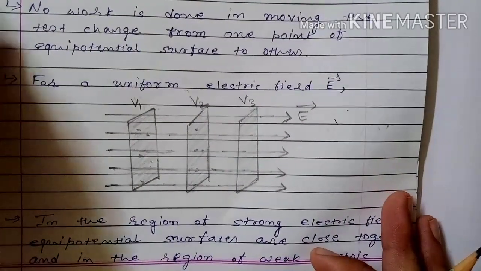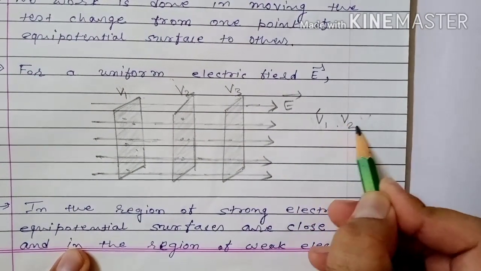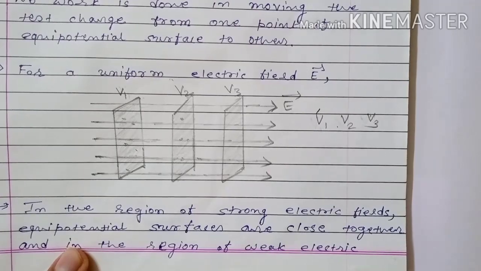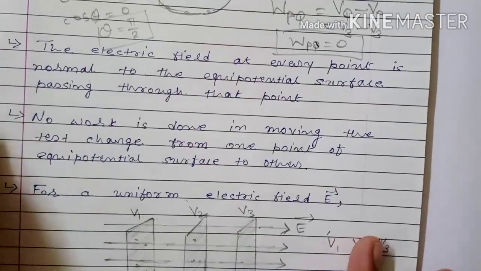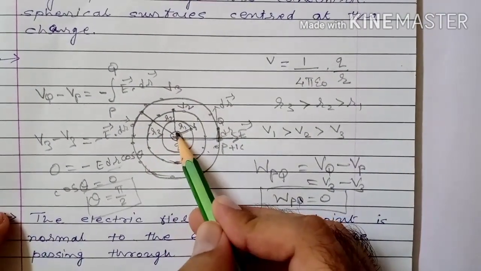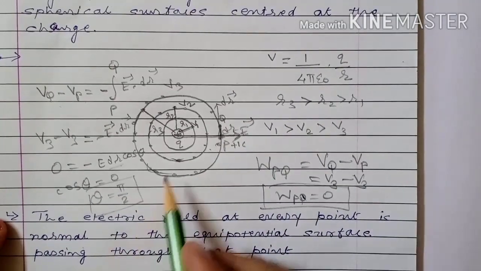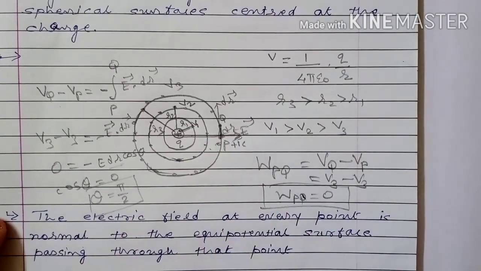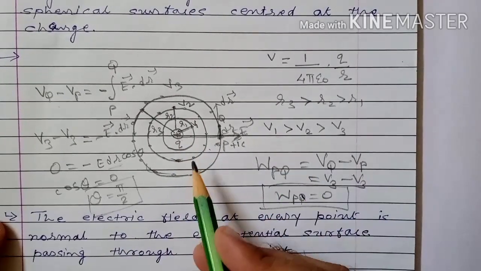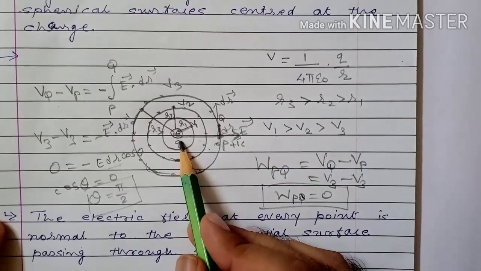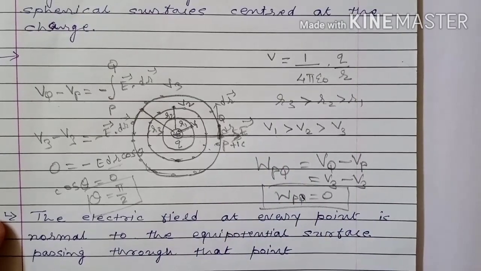And what will be the relation between V1, V2 and V3? All the three potentials will be same or different? From the second figure, it is clear that as we move in the direction of electric field, potential decreases. Potential on first surface is more, potential on second surface is less, potential on third surface is very less in comparison to V1.